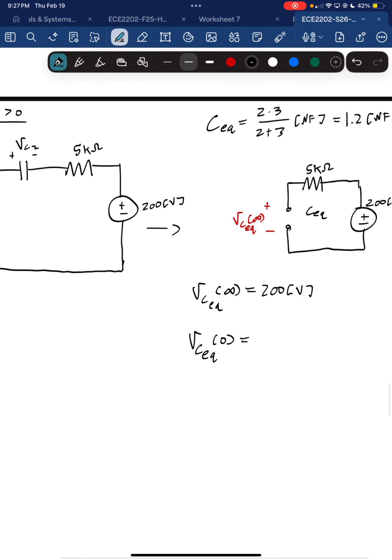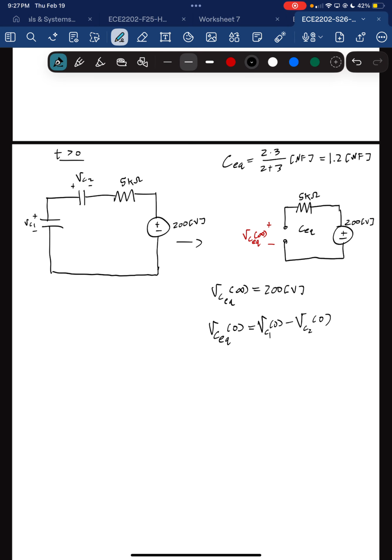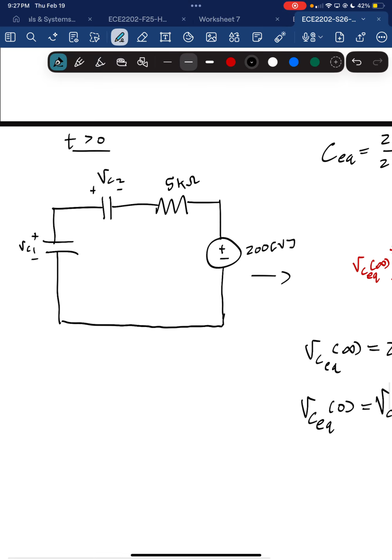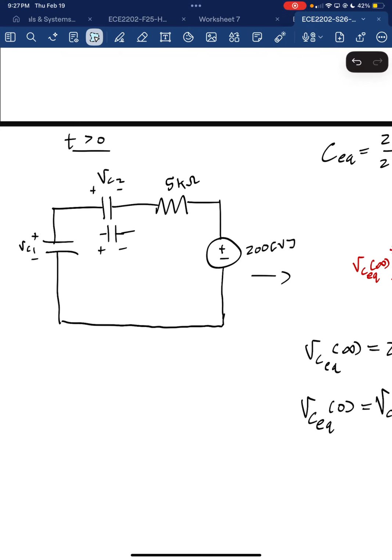So in equation form, that looks like this: VC1 of 0 minus VC2 of 0. You can think of that sort of like this, right? Can I rotate?